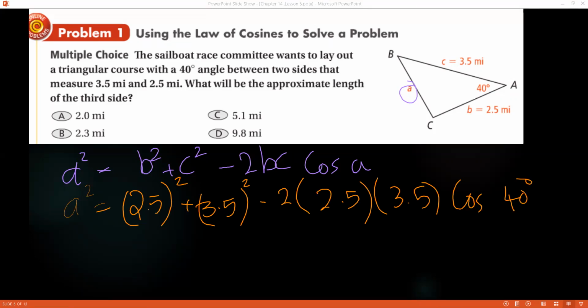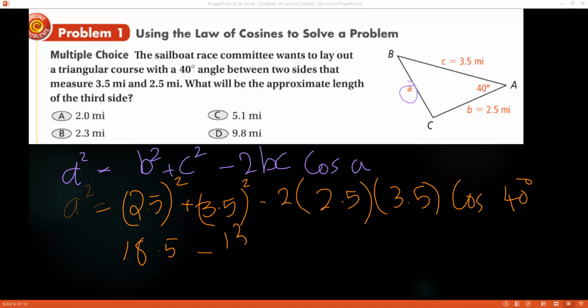So now, 2.5 squared plus 3.5 squared is 18.5, minus cosine 40 times 2 times 2.5 times 3.5.